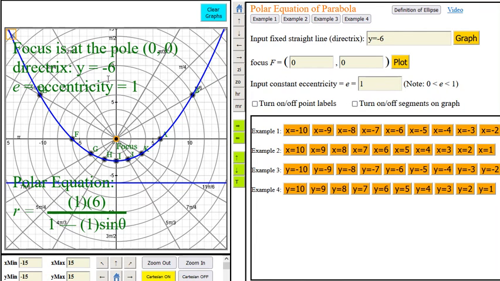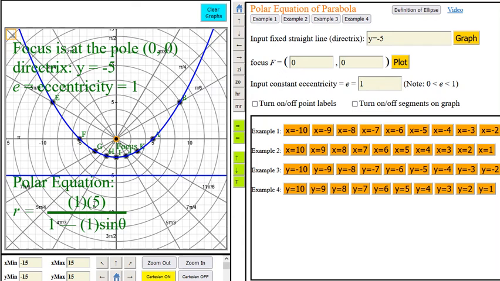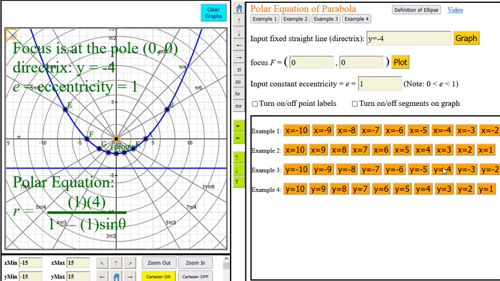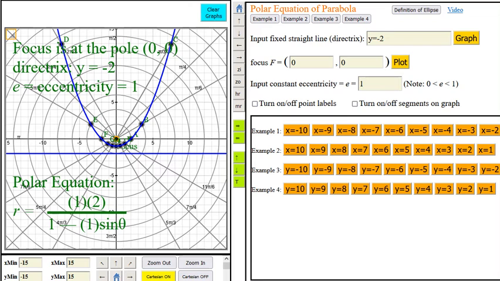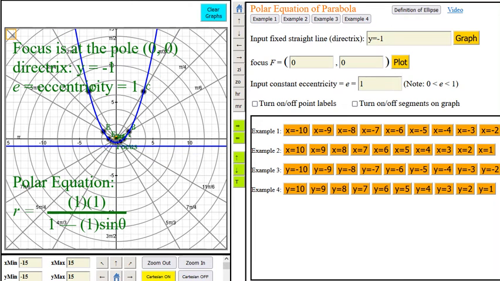Then directrix y equal to negative 6, and directrix y equal to negative 5. Then negative 4, negative 3, negative 2, and negative 1.